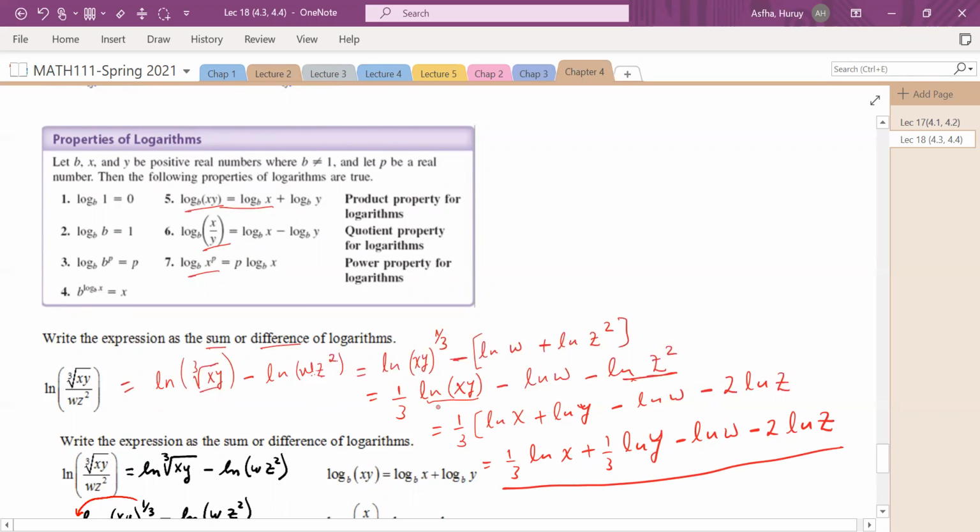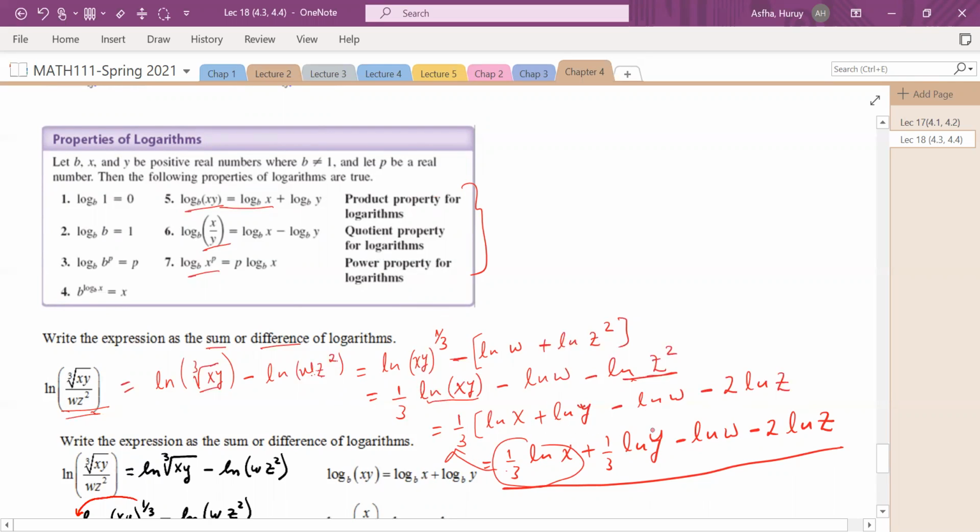Okay, and now we should be able to go back as well. If we are given this form, for example, we should be able to get back to this one, and that is just by using these properties again. For example, I can bring this 1/3 here just using the power property.